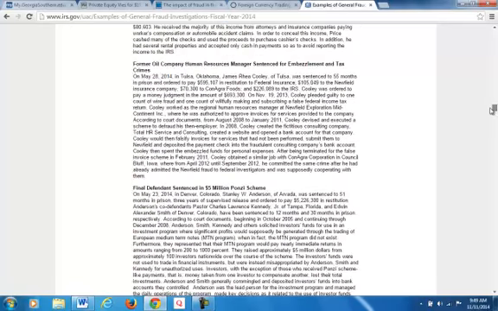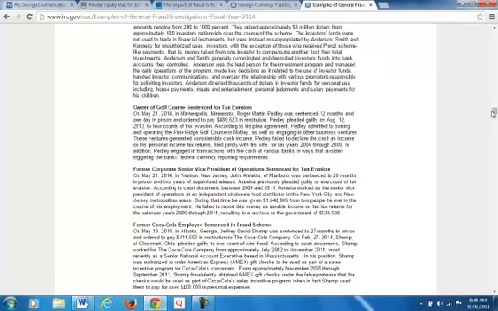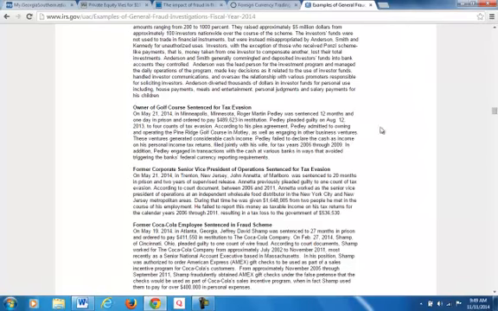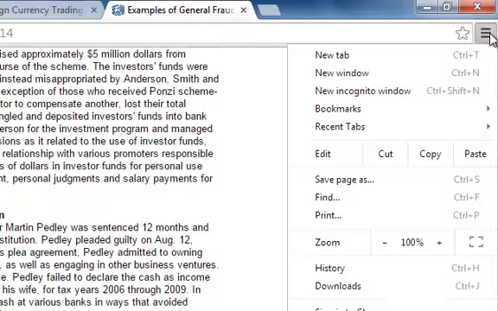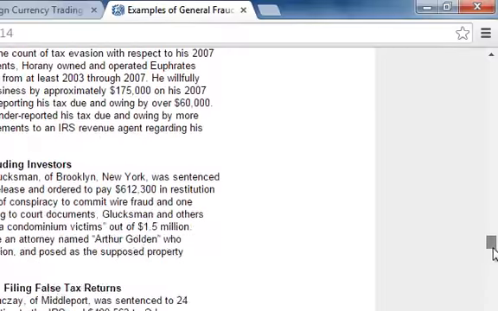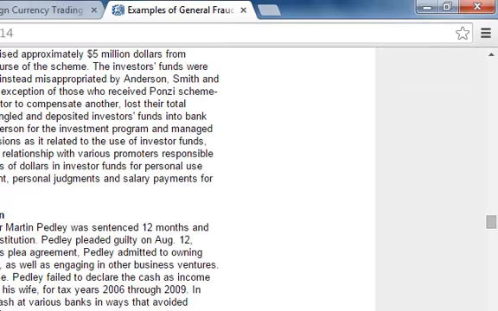I'm about halfway through the page and I still haven't found anything. So I'm doing Control F to search for currency. That option is not working on this page, so I'm going back to the Google search.